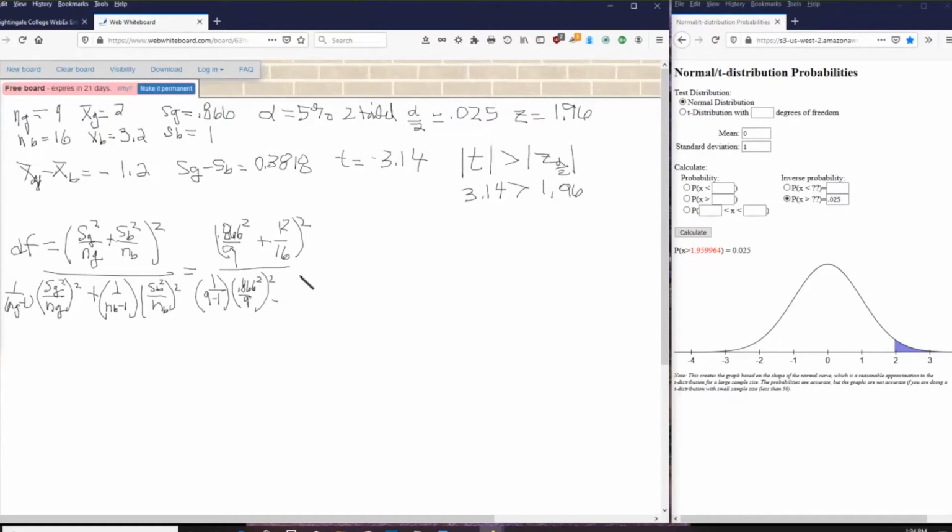We're going to add that to 1 over 16 minus 1 times 1 squared over 16, and that quantity squared. And then when we plug in all of those numbers, we're going to end up with 18.85.